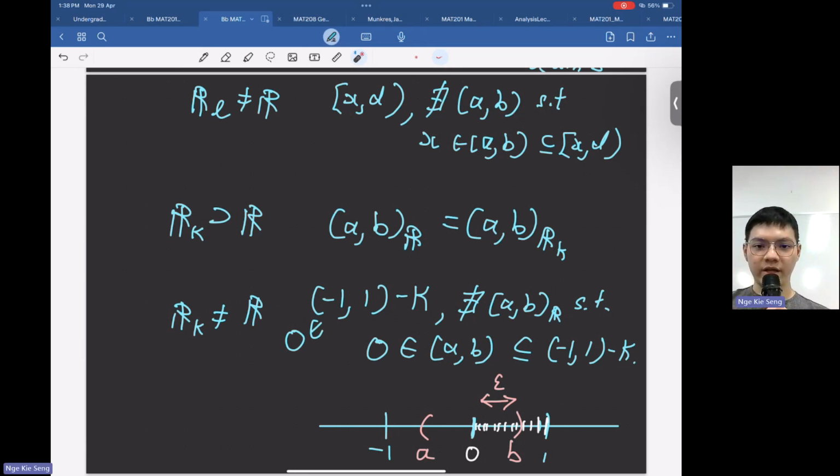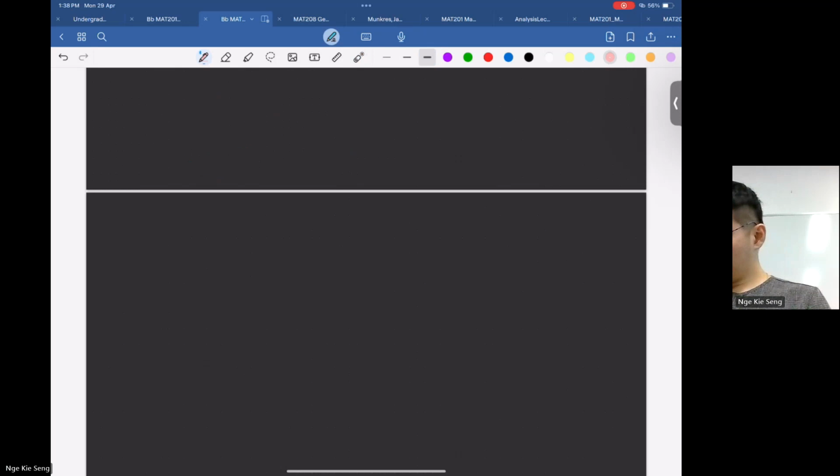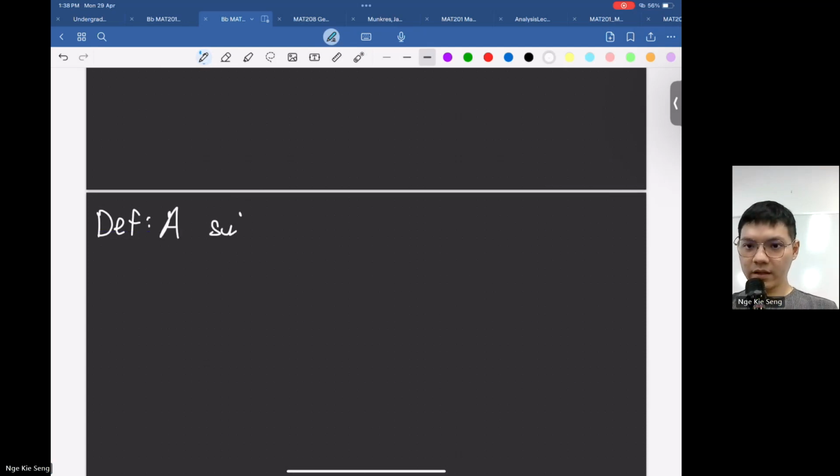Before we go to the next part, we finish up with this sub-basis. So let's introduce the definition of sub-basis before we leave the basis subtopic. So what's a sub-basis here? Sub is like smaller than the normal basis, right?